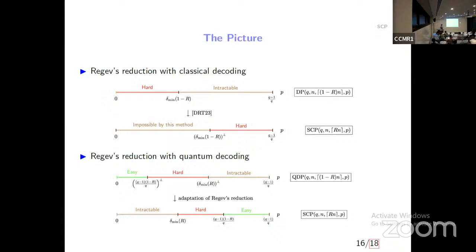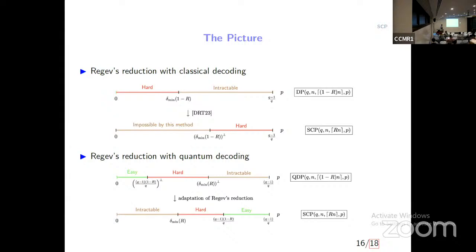Now, if you use this way of solving the quantum decoding problem in the reduction, you get codewords in the dual code. And what are the weights that you get? You get weights in this regime here by using the unambiguous state discrimination. These others are obtained by using this PGM.